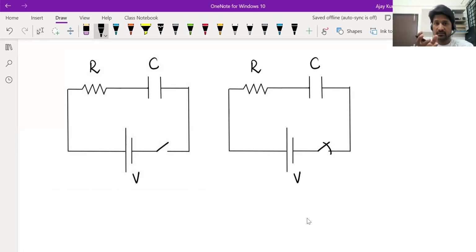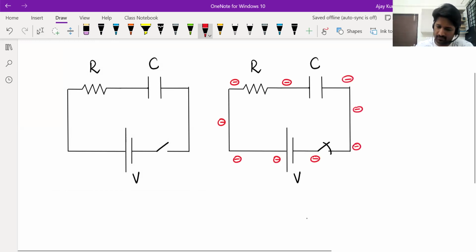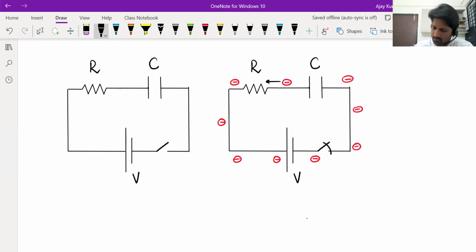The moment this switch is closed, what the battery does is it starts pulling electrons from the left plate. So it makes the left plate positively charged and it deposits electrons on the right plate. So you can imagine electrons moving like this, through the cell onto the other plate.